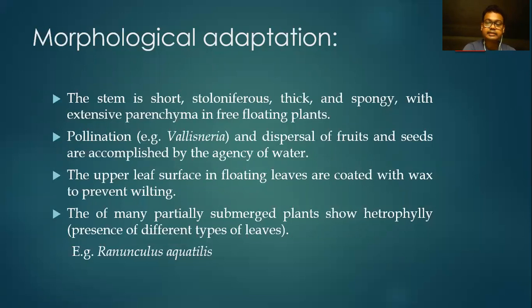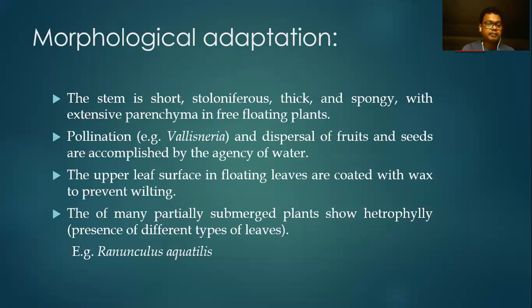The pollination type of hydrophytes is known as hydrophily, because the transfer of pollen grains, or male gametes, from one plant to another takes place by the water current. That's why it is known as hydrophilous pollination. And fruit dispersal and seed dispersal are also accompanied by the water.